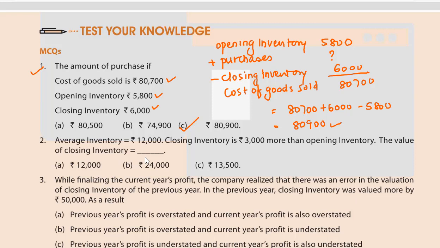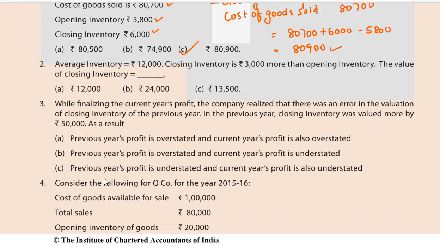Let us see question number 2 now. Average inventory is 12,000. Closing inventory is 3,000 more than opening inventory. The value of closing inventory would be what?